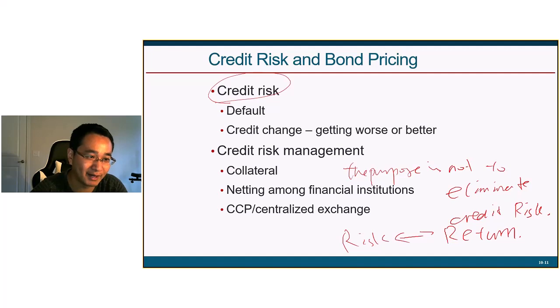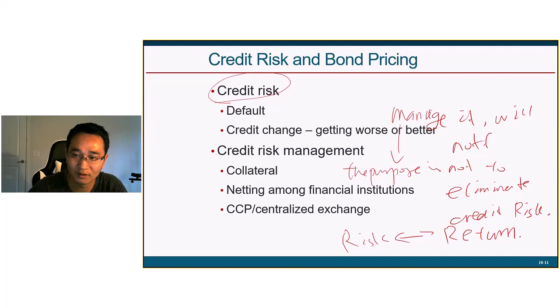Think about banks. They have many small loans to small companies. Some of them will declare bankruptcy, and then banks cannot collect all their loans back, for sure. Their purpose is to manage it, so that they will not fall if bad things happen.